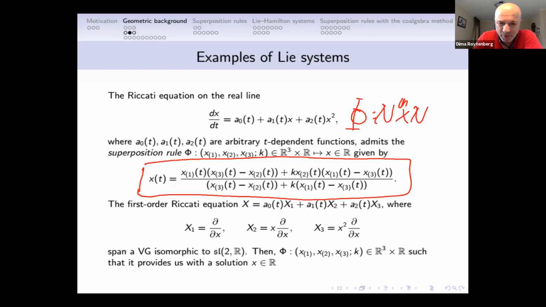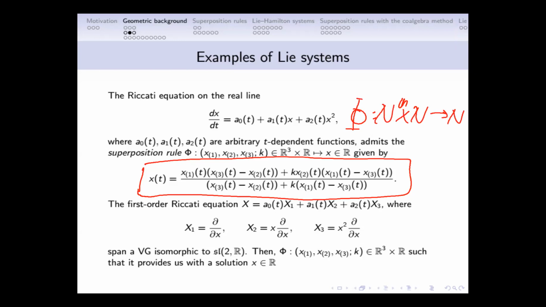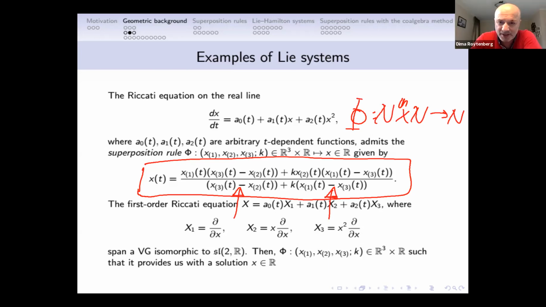Okay. So my question is, well, it has a denominator. So it doesn't seem to be defined everywhere on R3 cross R. Yeah, exactly. When you really write the solution, you have to make sure that you say so. Okay, so in general, it's not defined on this product of several copies of n, but only in some open subset.